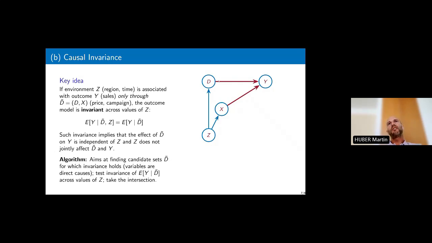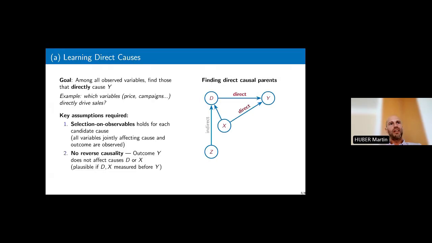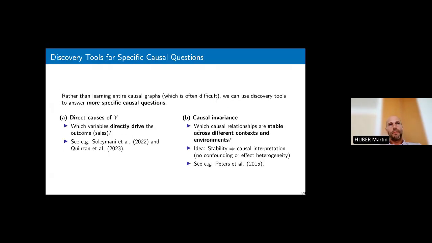If we always find a stable effect, right? So if the effect of the marketing campaign on the sales outcome does not change across these different environments, that actually means that we have no effect heterogeneity, so the effects remain the same across different environments.